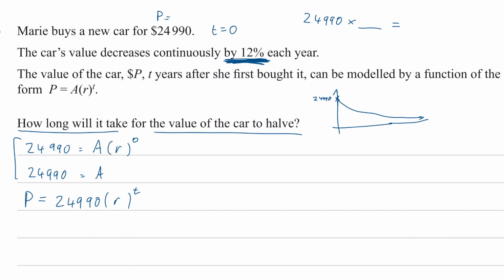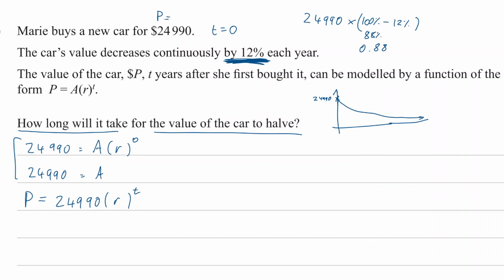Will we times it by something more than 1 or less than 1? Hopefully you're thinking less than 1. And how much less than 1? Instead of timesing it by 100%, we times it by 100% minus 12%, because it's decreasing by 12%. And that's 88%, or as a decimal, 0.88.